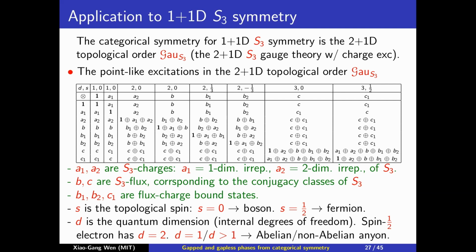Also, in this pair, the 1 means the quantum dimension is 1. The next number, 0, means topological spin 0, which means boson. This one has topological spin 1/3, so it's actually an anyon. But quantum dimension 2 is a non-abelian anyon.